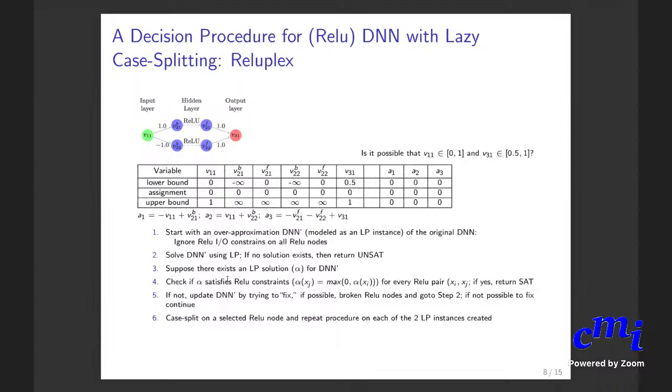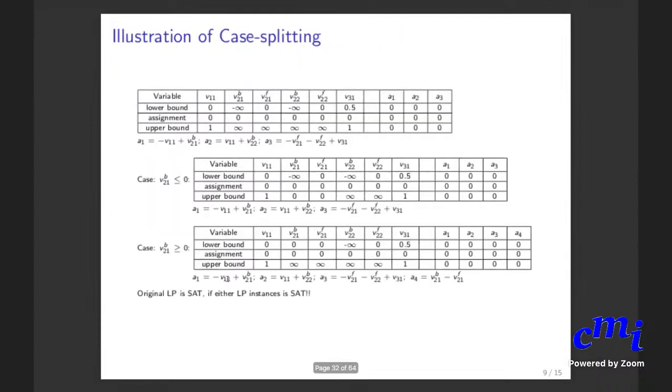And in this simple case, it is true. I'm just showing that in this case, you don't need a case split at all. Okay, but if you were to case split, in this notation, case splitting just means that you are propagating these constraints.